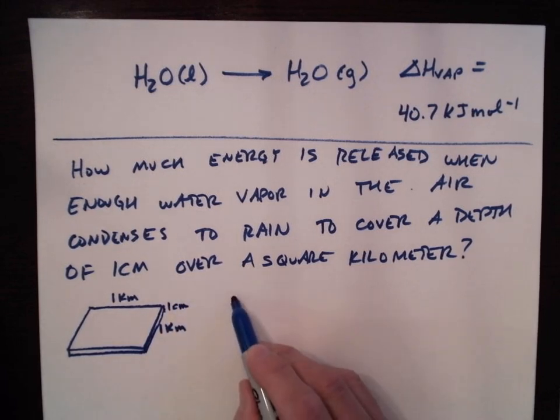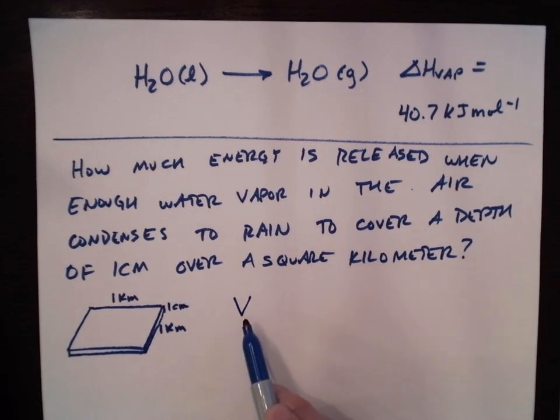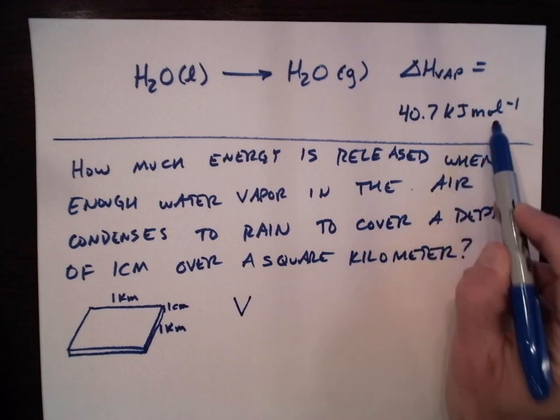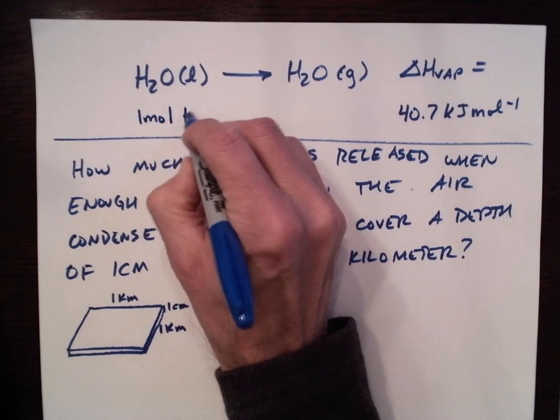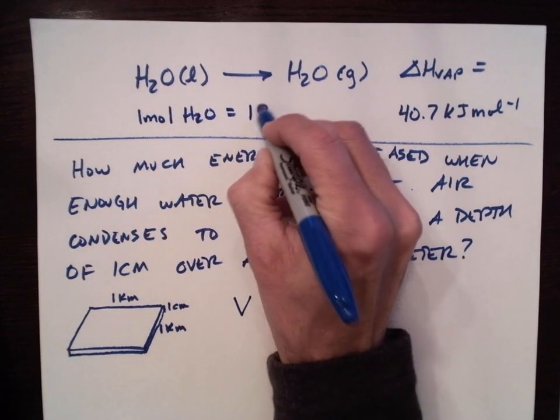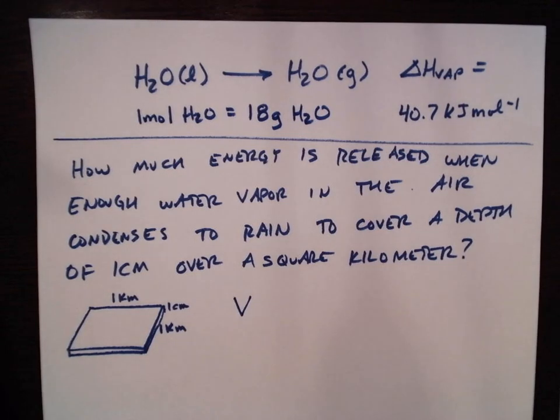We want the volume of this so that we can then convert it into a mass. Once we get that mass in grams, we'll be able to convert that to moles because we know that for water, 1 mole of water is 18 grams of water. Then we can find out how much energy is released. So let's figure this out.